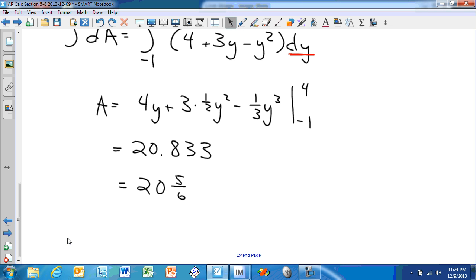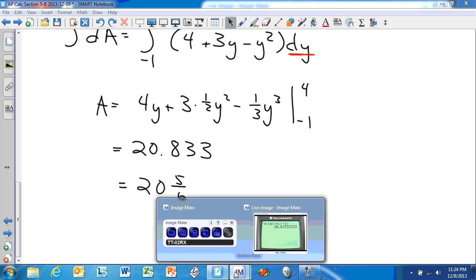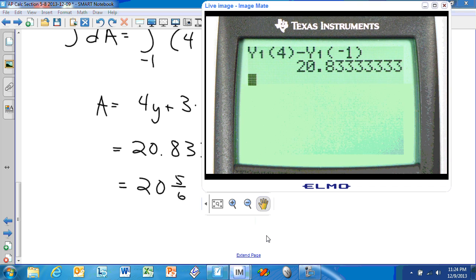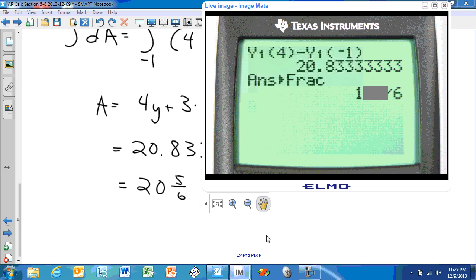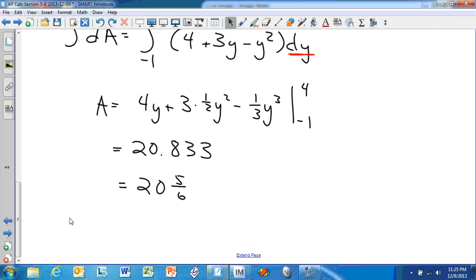You can double check that on your calculator if you want to, or in fact you have a way to convert that over to a fraction. If you go to your math menu, math, and then go to the display as fraction button there, you'll write it as 125 over 6, which simplifies down to 20 and 5/6. So you can write it either way. All right, that's the end of our section here.